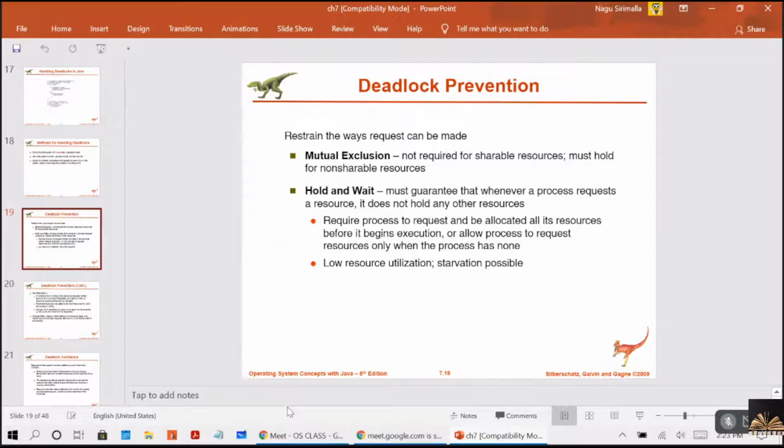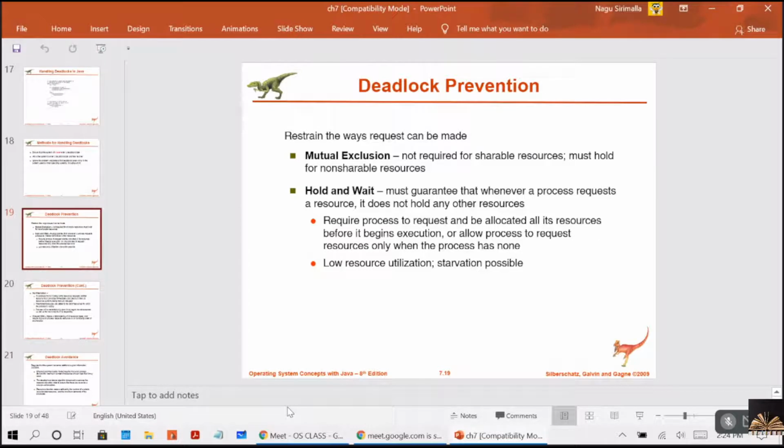That means instead of giving 10 resources to the process at a time, first we will give 5. After using those 5, it will release all those 5. Then it will be allocated the next 5 resources. That is one more possibility for making this hold and wait fail. The problems with this are low resource utilization and starvation.